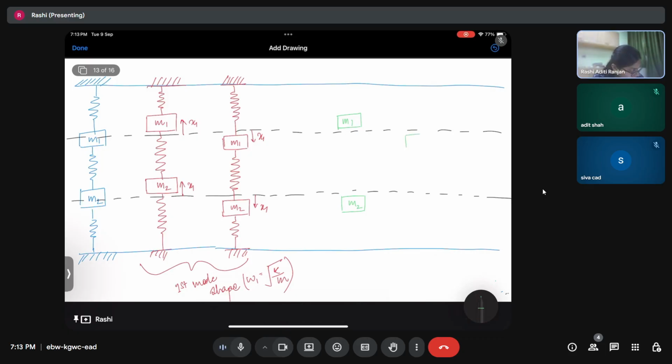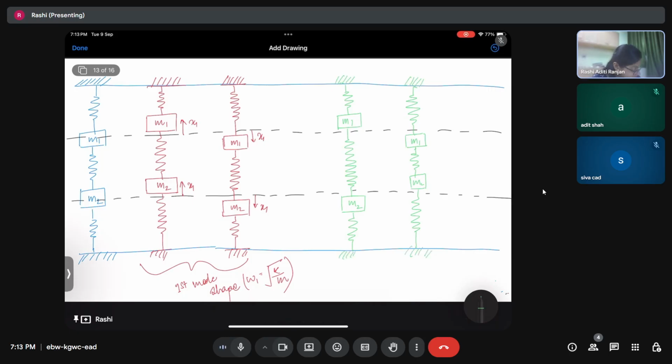While if mass m1 is going down from the reference, then m2 will be going above the reference. So this is the mode shape for the system when it is oscillated at the second natural frequency.